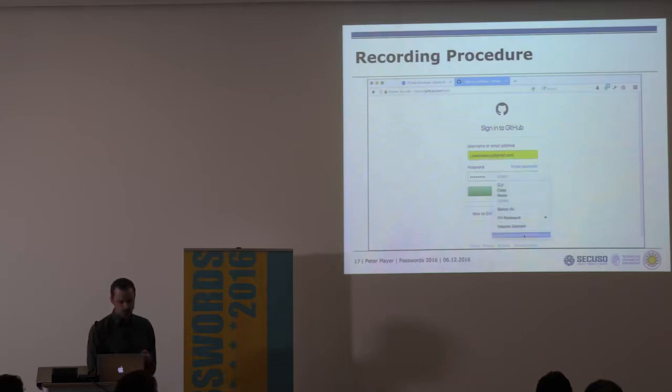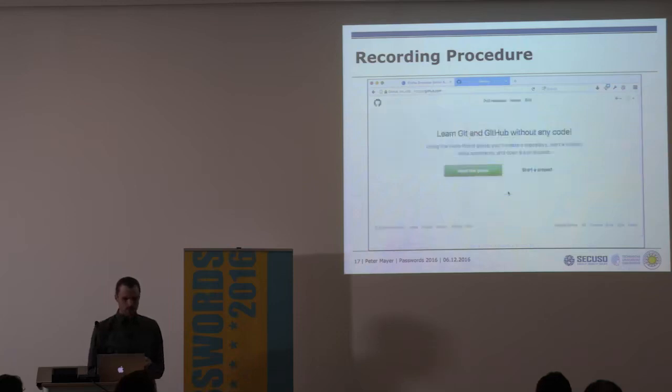Then we do this for the password, which we mark as current password, and then we just continue signing in. And now we navigate to the page where we can set the new password.